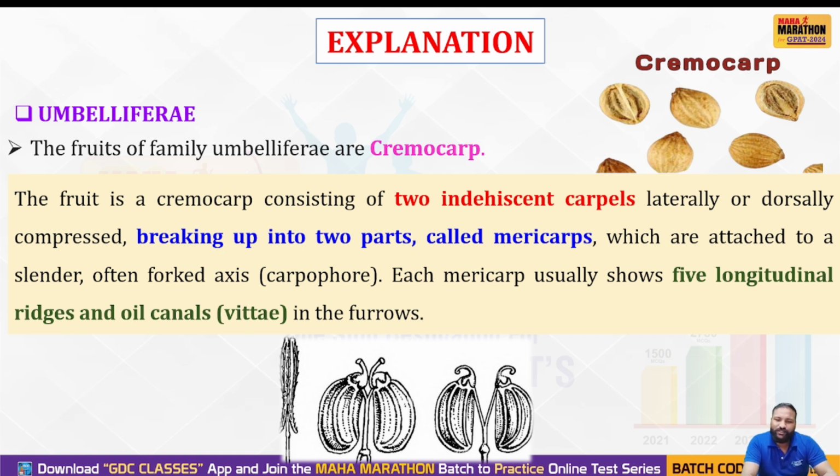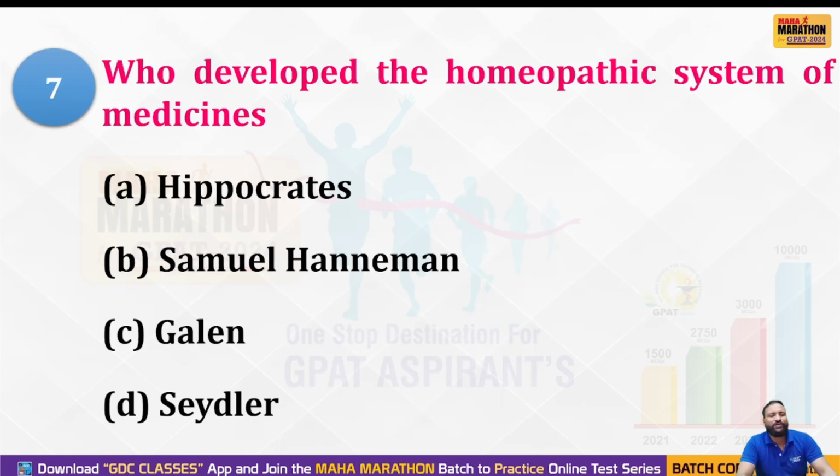Yes, this is cremocarp. All these are cremocarps. So the Umbelliferae family has cremocarp in the gross morphology of its fruits. Clear? Yes.